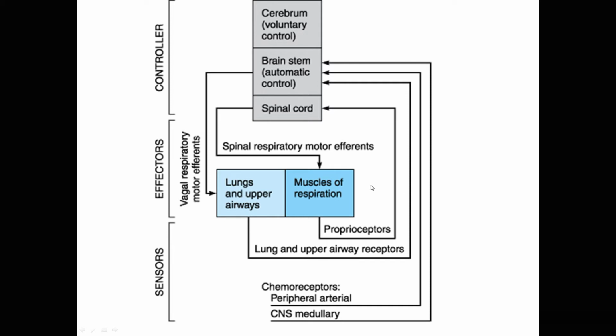Therefore, control over respiration lies in control of the respiratory muscles, chiefly the intercostal muscles and the diaphragm, but also the abdominal wall muscles. These muscles are under both automatic control and voluntary control.